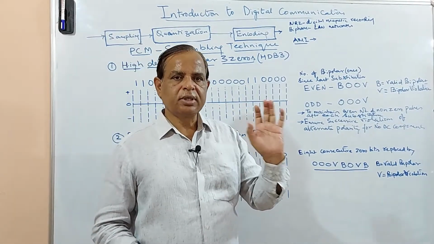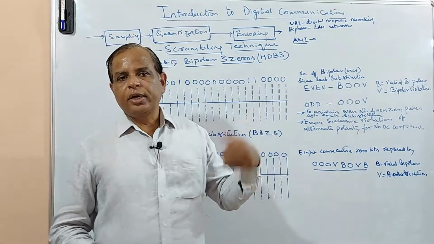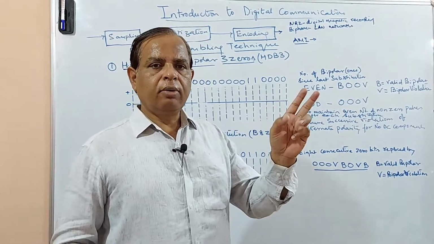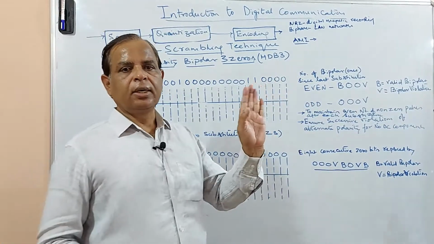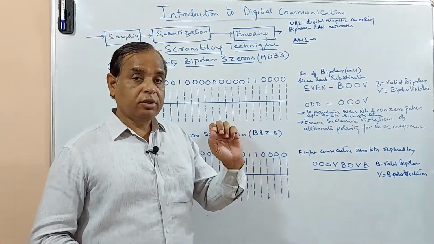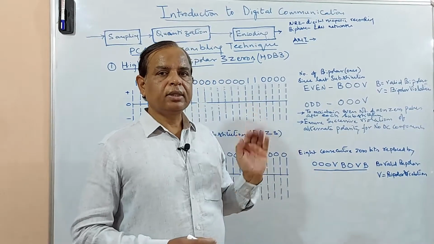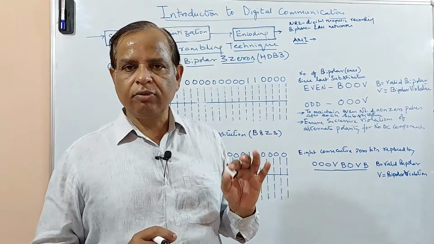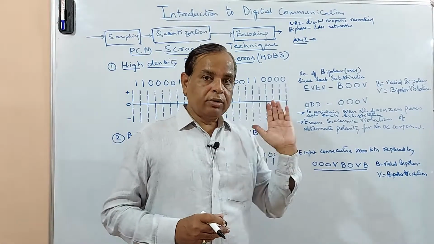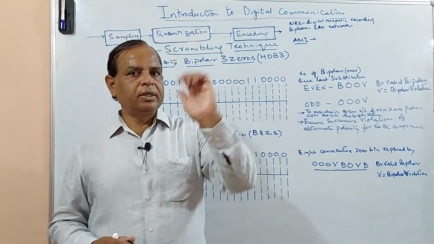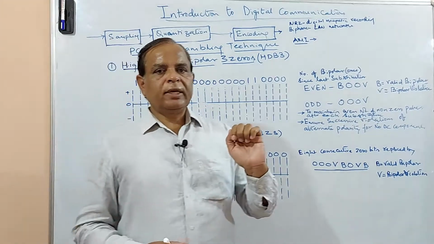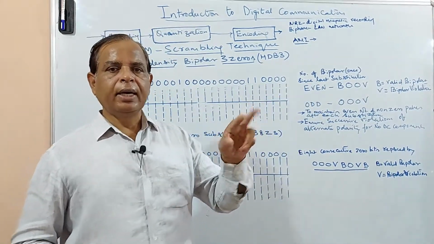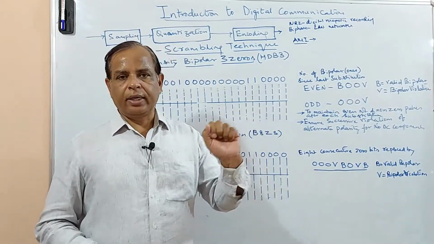Zero voltage represents zero, but both positive and negative represent 1, and they alternately keep changing. Why is it done like this in AMI? If there is a continuous sequence of ones, we have seen in NRZ there will be a DC component. To avoid this, the pulses alternately change their polarity.